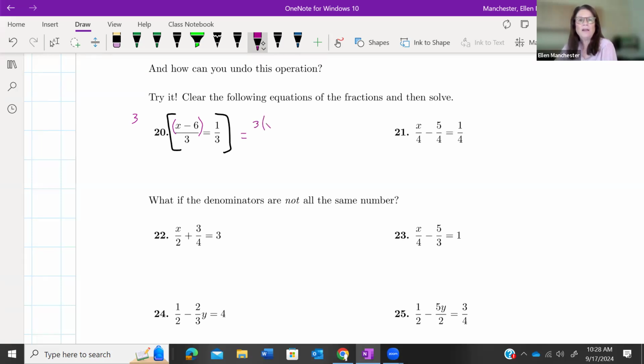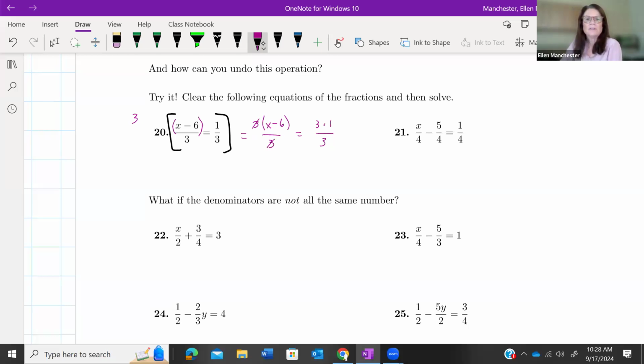So 3 times x minus 6 over 3 equals 3 times 1 over 3. I'm writing it out just so you can see what I'm doing. Okay. And then I can reduce. Because this is showing multiplication here, 3 times this, I can cancel these.